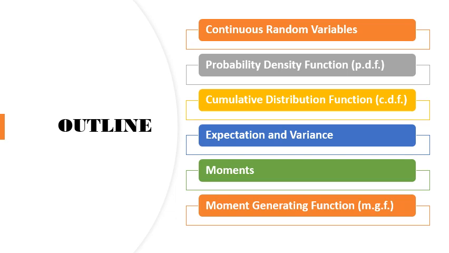Third, we'll study how to obtain the distribution function or cumulative distribution function, CDF. This is the first part. The second part will cover the last three points: expectation and variance, moments, and the moment generating function.